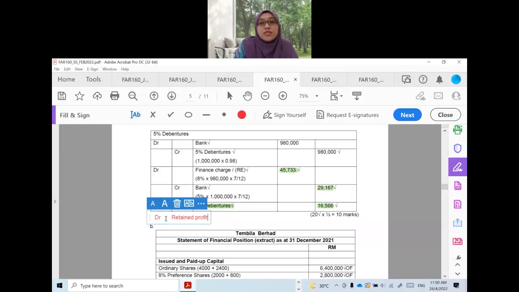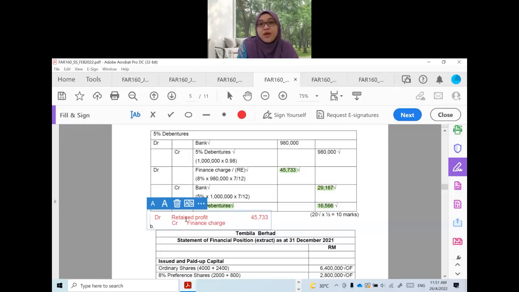Consistent with the question. How much? 45,733. Credit what? Finance charge or finance cost, depending on how you present. If you are using finance cost, please be consistent, finance cost. If you are using finance charge, you can use finance charge. Don't worry, both are the same.